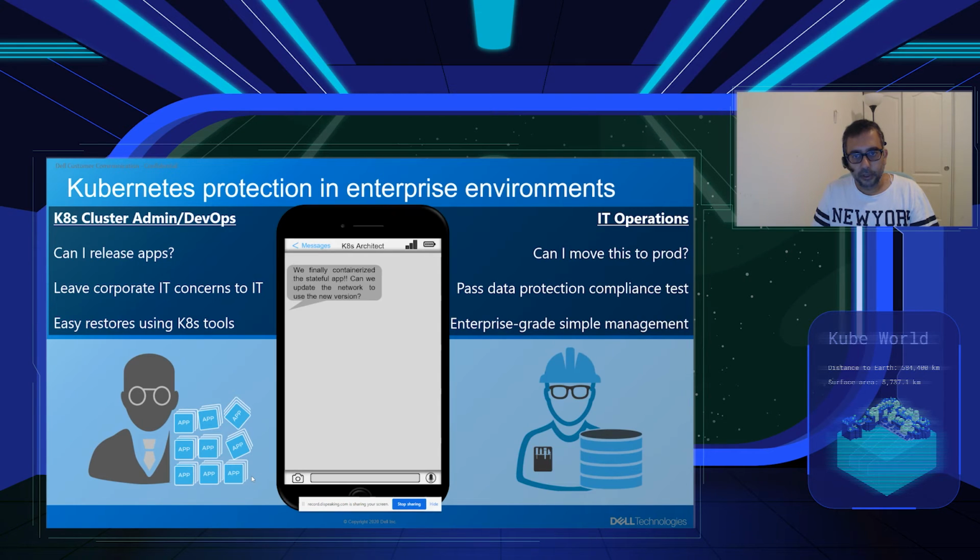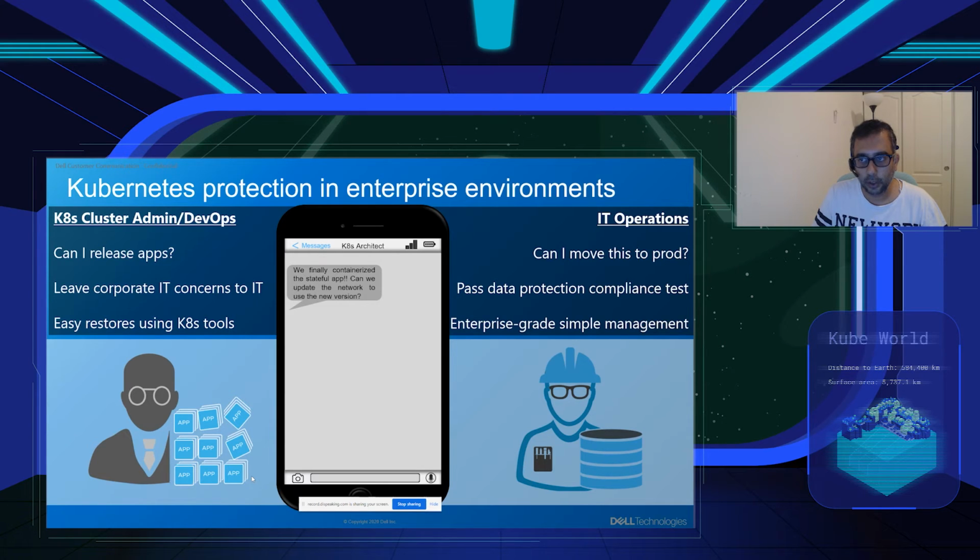So let's look at a typical IT setting where you have DevOps admins and IT admins. The DevOps admins and the K8s developers are looking at releasing applications very quickly in an agile fashion using CI/CD pipelines. And typically the corporate IT concerns are left to IT, and they're looking for easy restores using K8s native tools.